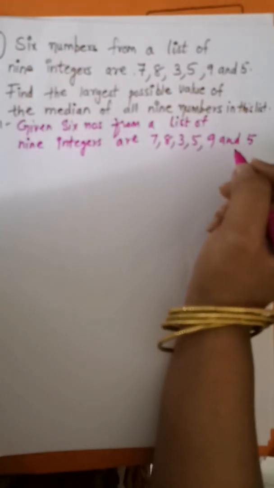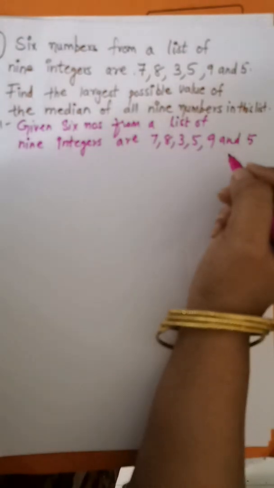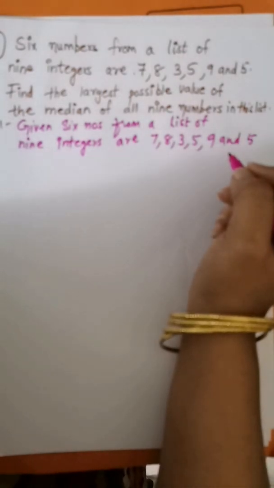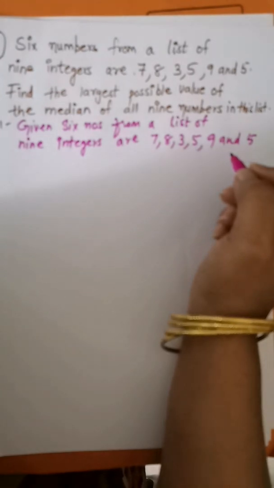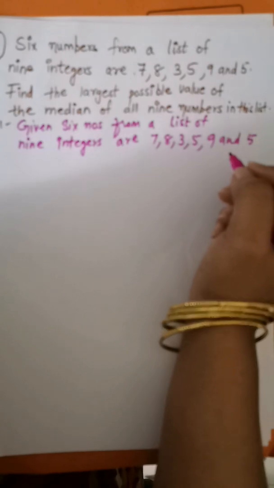Find the largest possible value of the median of all the 9 numbers in this list.